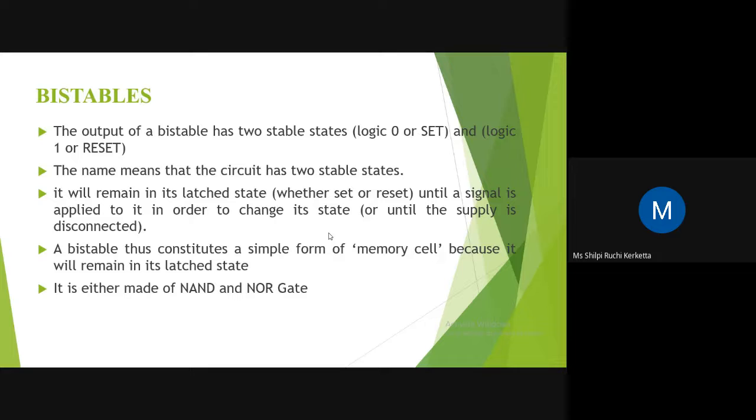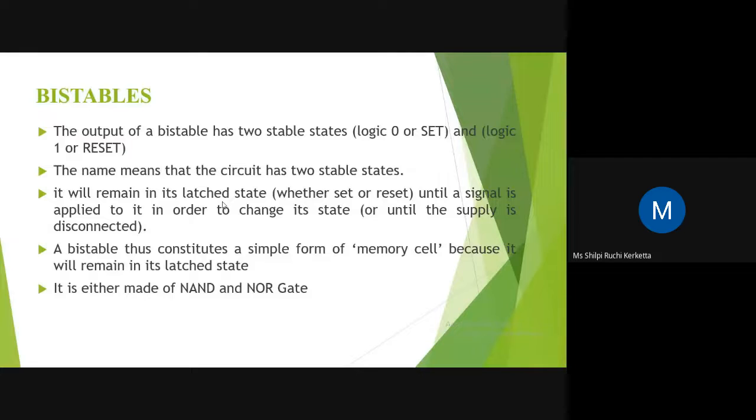So like the example of an old AC, the bistable works in the same way. It will remain in a latch state, meaning its original state, whether set or reset, until a signal is applied to it in order to change the state, or until the supply is disconnected. For a latch state, how do we change it? We put in a signal, and that signal is a clock.